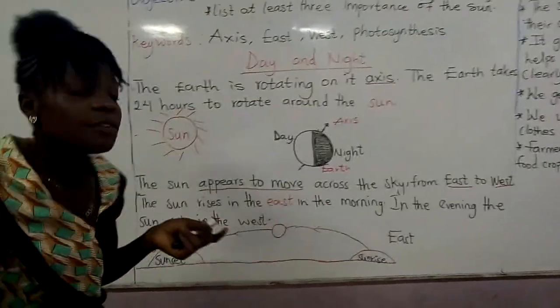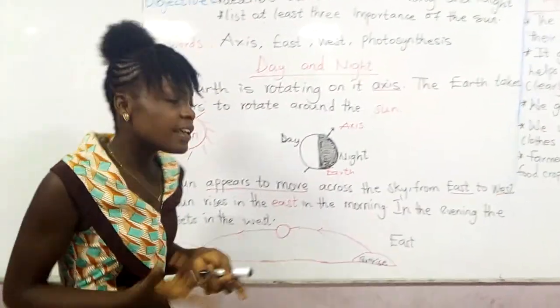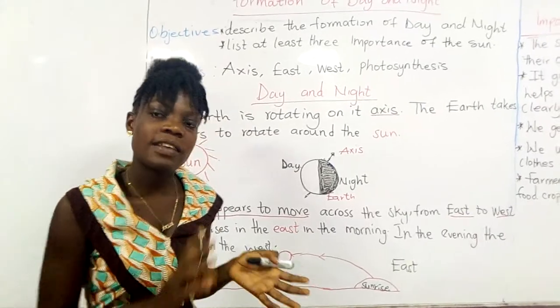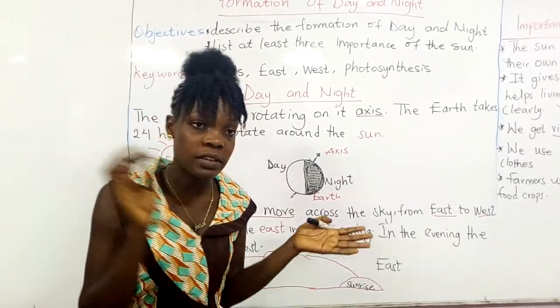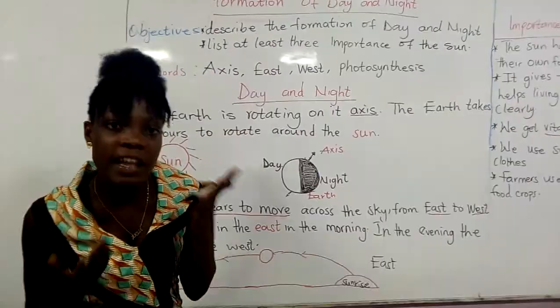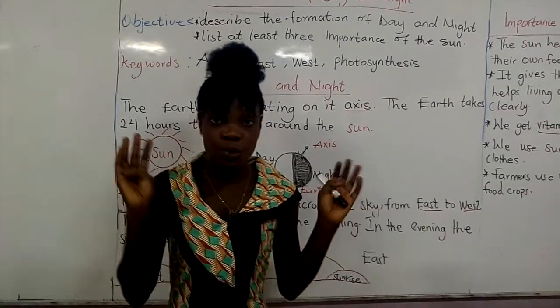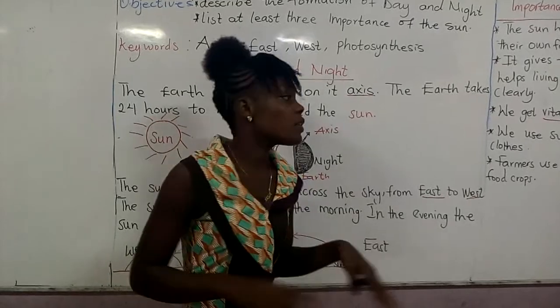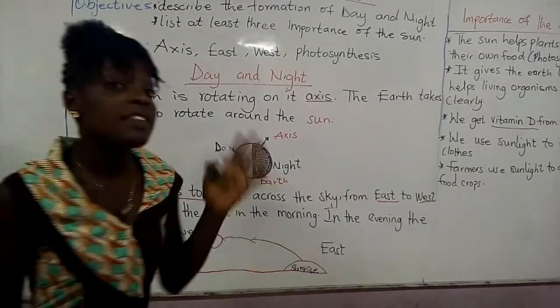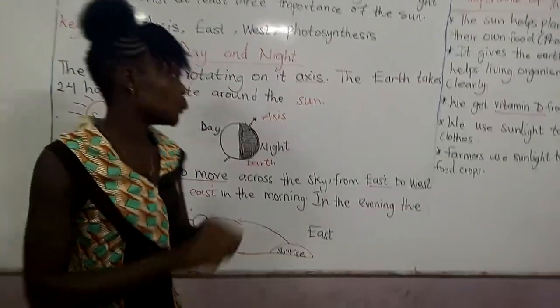It takes 24 hours to rotate around the sun. So let's say if it starts in the morning, it will end the next morning. That is 24 hours. And if it starts in the evening, it ends in the evening too.